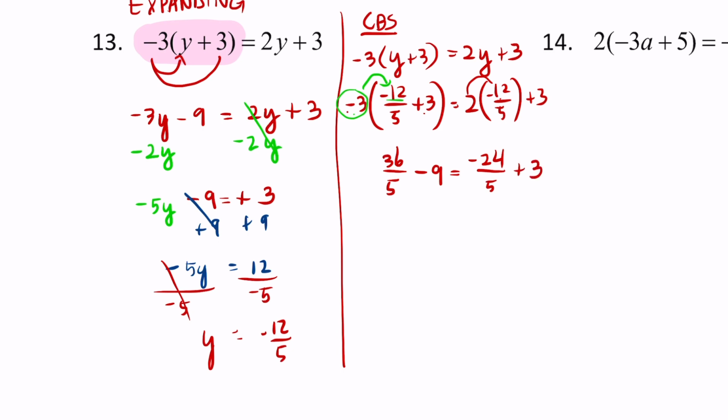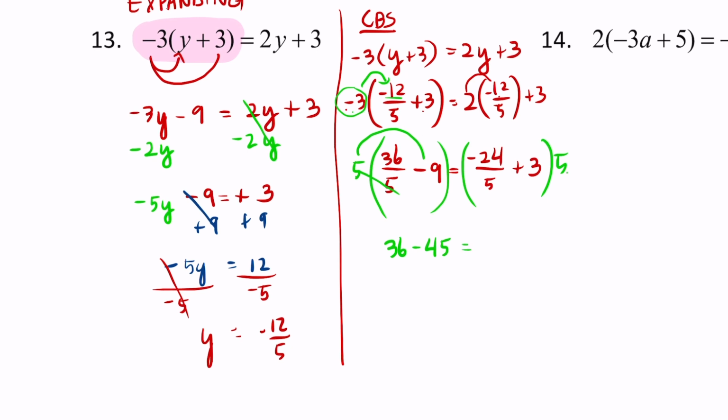Now, how do I get rid of the fractions? Okay, the easiest way is to multiply both sides by the denominator. Okay, so this cancels 5. So you're left with 36 and then minus 45 because I need to distribute, okay? So 5 times negative 9 is negative 45.